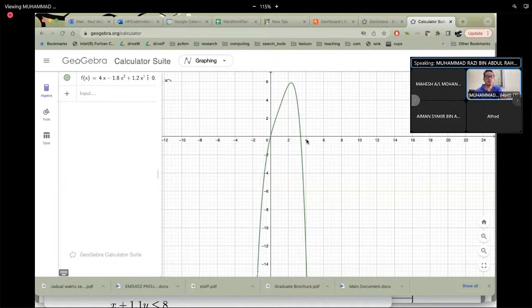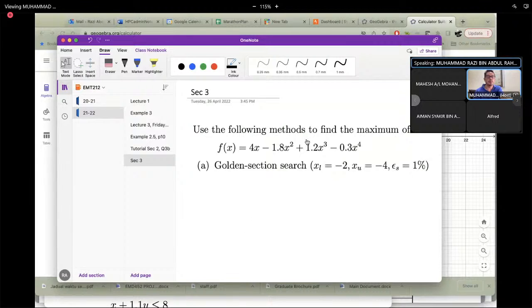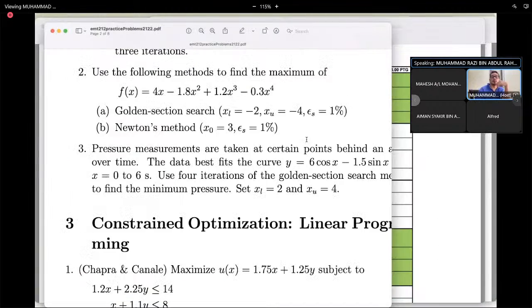So this is something that is not right in my slide. I will correct this later. Should be +4 here.